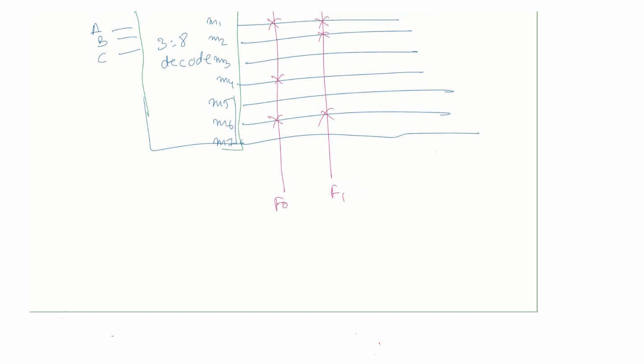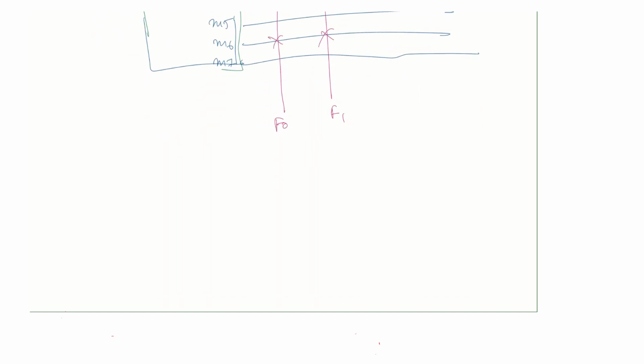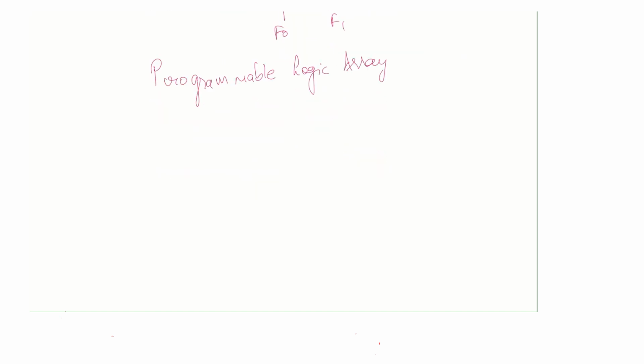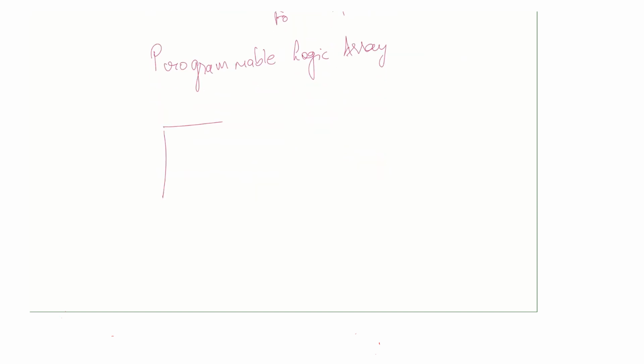So now let's go to programmable logic array. Basically ROM is just a decoder with an OR array. So if you want to represent any sum of product expression, you can use this. This will become a ROM.